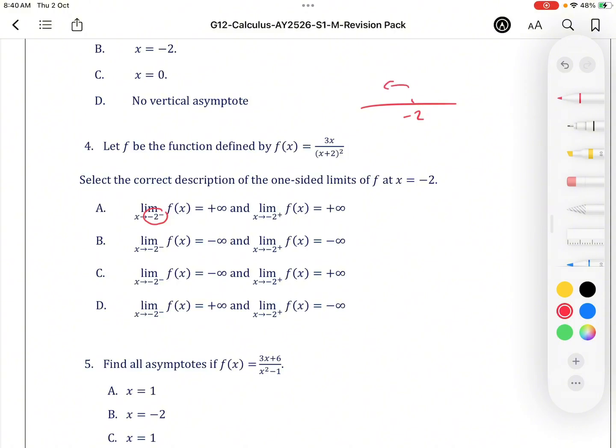So what do we do? We take a number that is less than -2, so let's say -2.001, and we plug in.